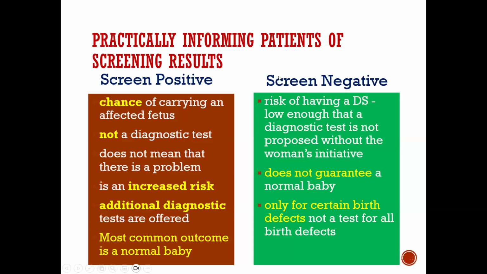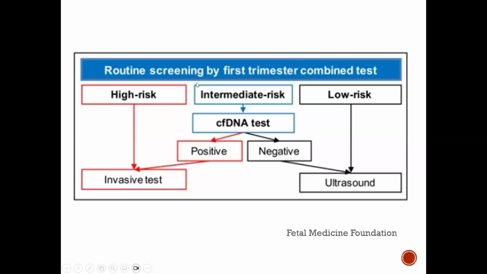In a similar way, if it is coming as screen negative and the patient wants a guarantee from you, then we have to tell the patient that it doesn't guarantee a normal baby. It can detect the possibility of chromosomal abnormality only to some extent, not 100%. The FMF protocol also says that we have to categorize the patient after first trimester combined screening into 3 categories: high risk, intermediate risk, and low risk.